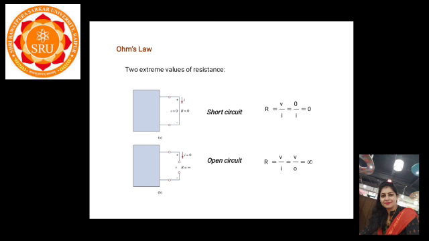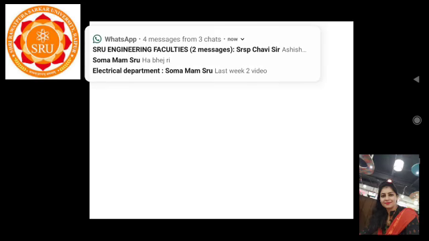So R equals V upon I, so R equals 0 upon I, so R equals 0. In the second case, when the circuit is open circuited, no current will flow, and R equals V upon I, so V upon 0. Then it means the resistance will be infinity.